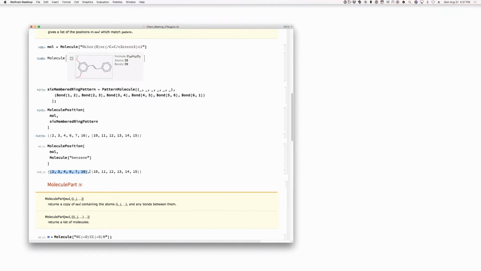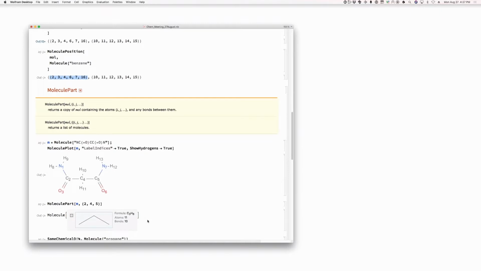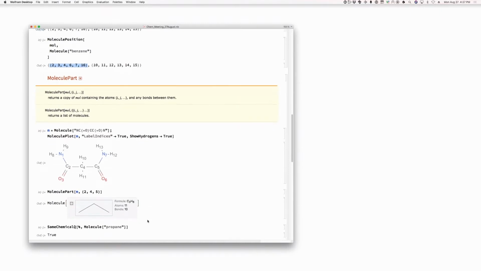So yeah, it has a different syntax or different return type than position. And why did we change it to molecule position? Well, let's see. We didn't like fine molecule substructure. It was too wordy.